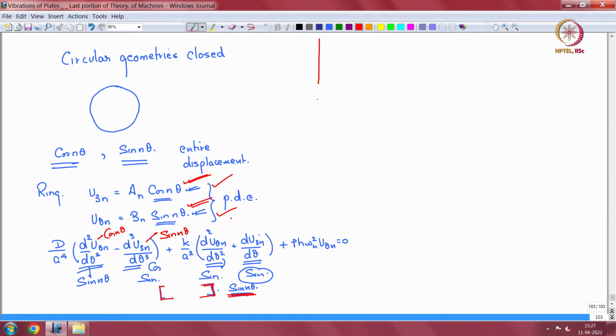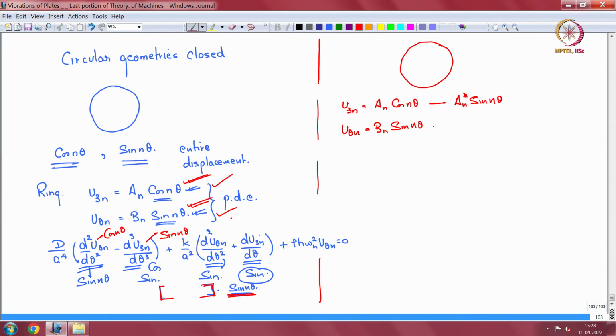However, because of completeness, in order to represent displacement in the circumferential direction, if there is a cosine n theta in u3n and sin n theta in u theta n, then there has to be a parallel a n star sin n theta here also, and in parallel some b n star cos n theta also.